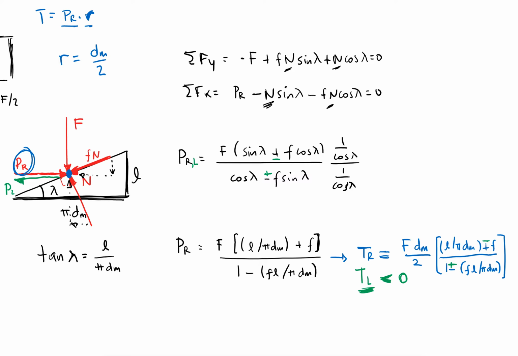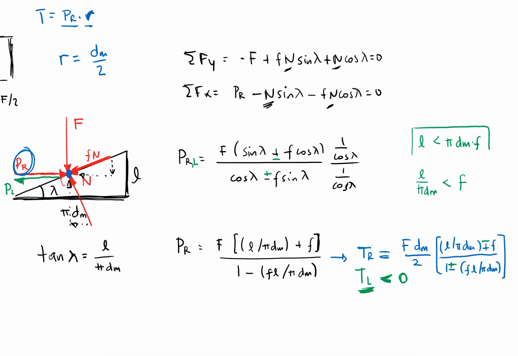I don't need to add a torque or force for it to bring the load down. Basically, the lead is big enough so that the friction coefficient can just be overcome by the load itself. So this is only going to be negative here, with my minus sign in the numerator, when L over pi dm is lower than f. Or it can be rewritten as L being lower than pi dm f.